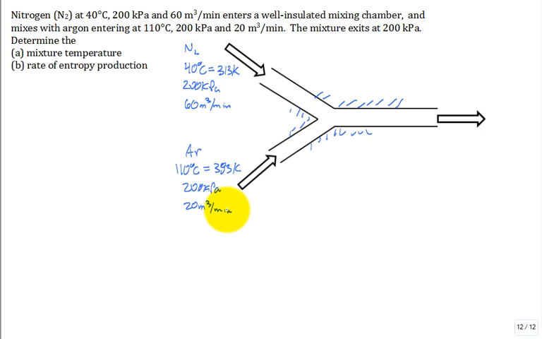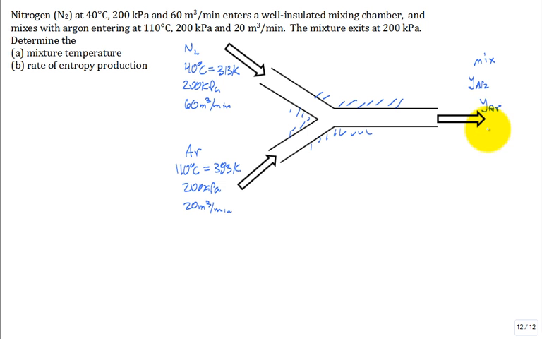True? It's going to mix and go out. Right over here we're going to have a mixture coming out. It'll have some mole fraction of nitrogen and some mole fraction of argon. True?